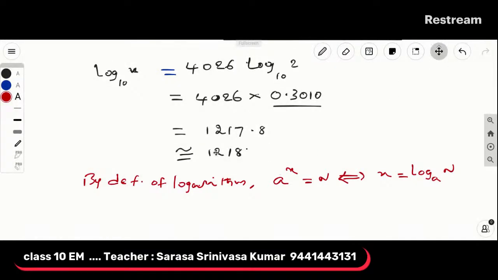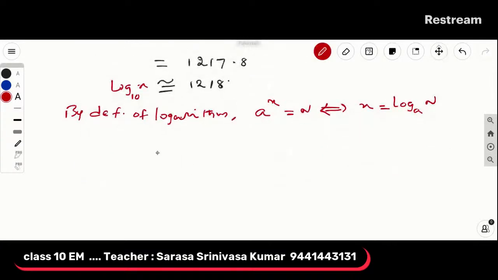So using this formula, here we have log x to the base 10. So we can write it as x equal to 10 to the power of 1218.